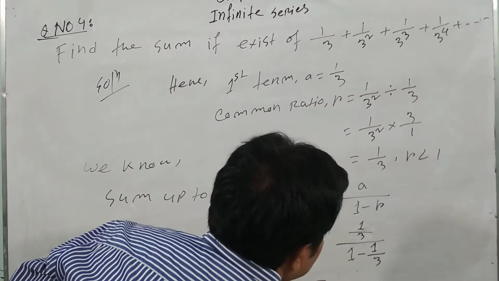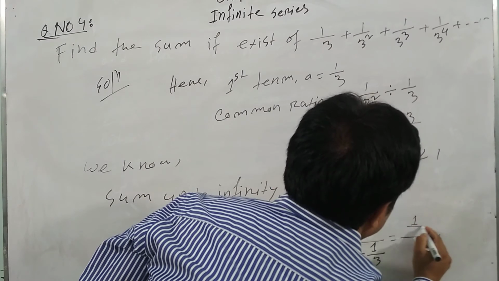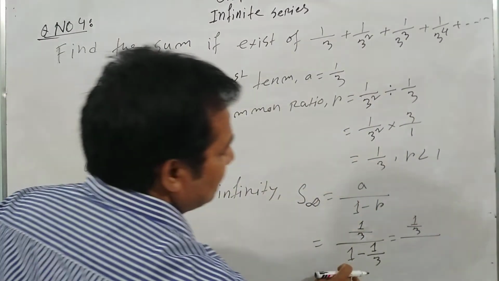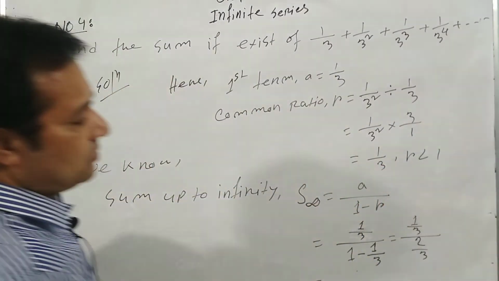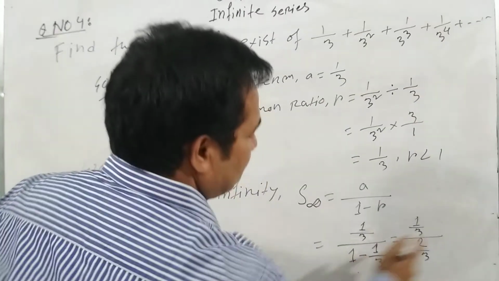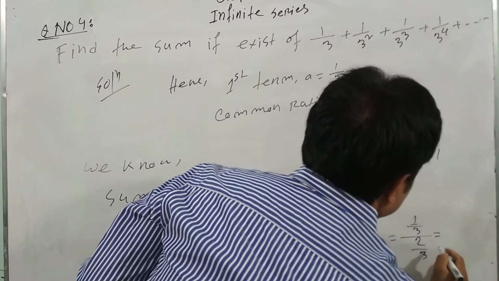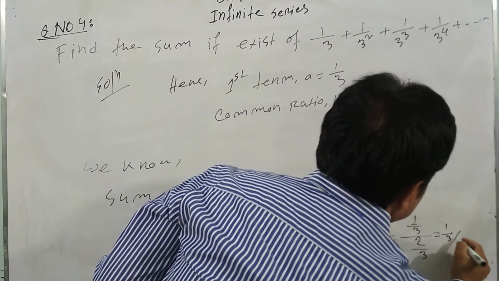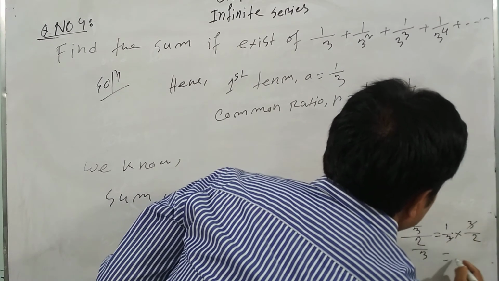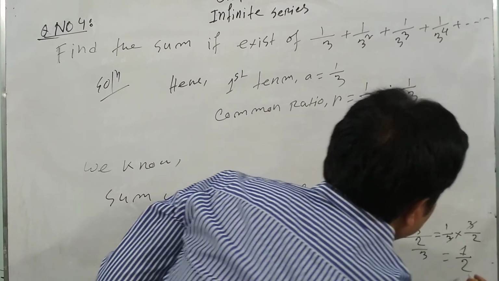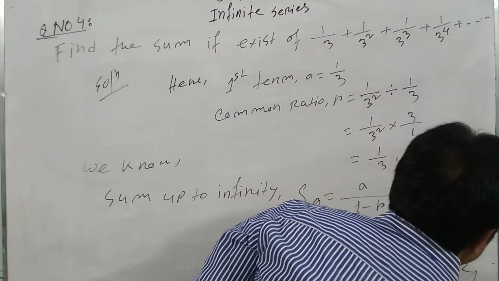We calculate: 1 by 3 divided by 2 by 3, which is 1 by 3 into 3 divided by 2, equals half. This is the result.